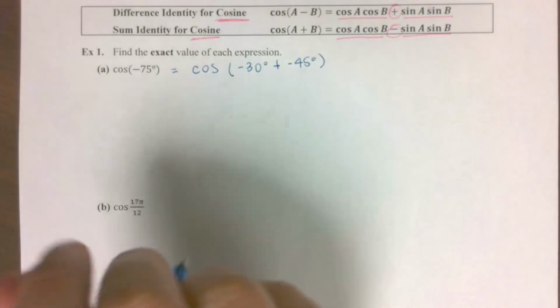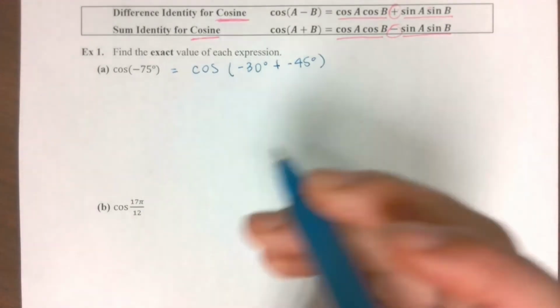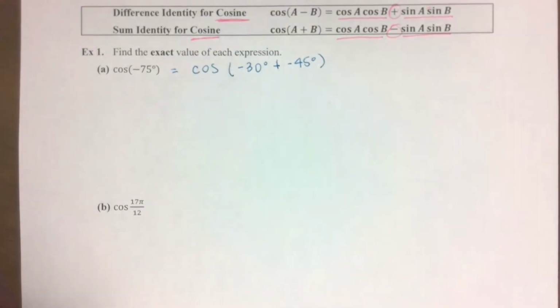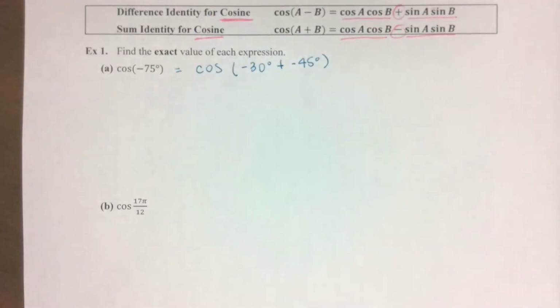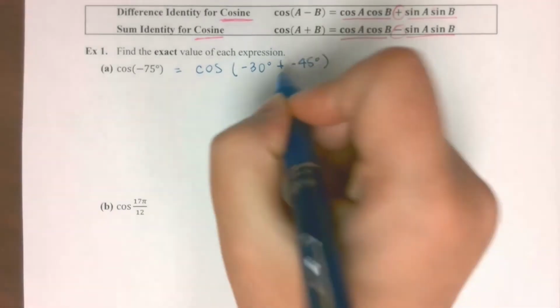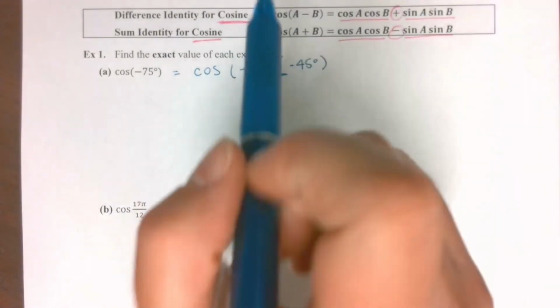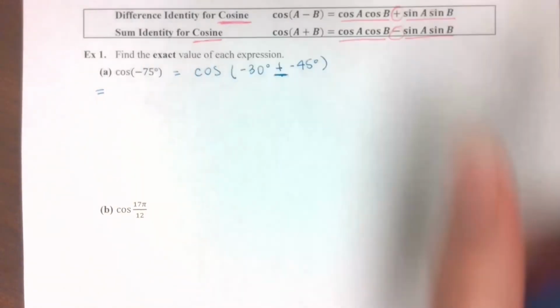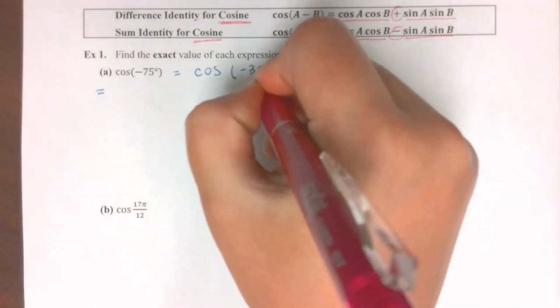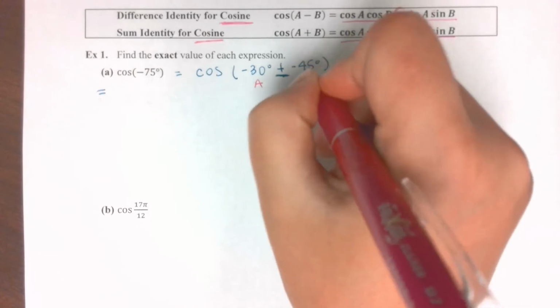We know what cosine of 30 degrees and cosine of 45 degrees are, so these would be numbers easier to work with. We do have the plus here in the middle, so we are going to use the sum identity for cosine. Let negative 30 be A, and negative 45 be B.